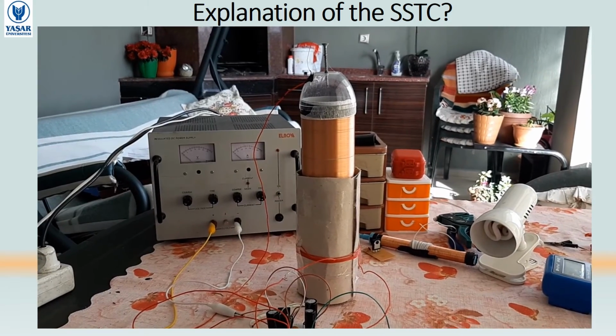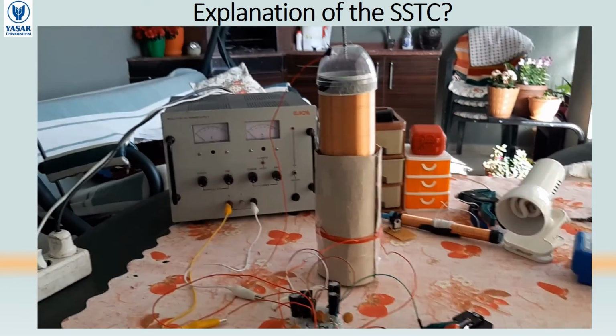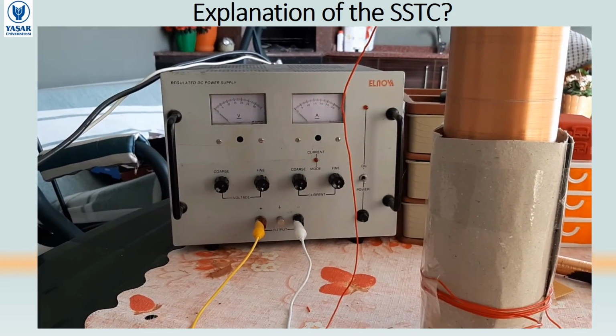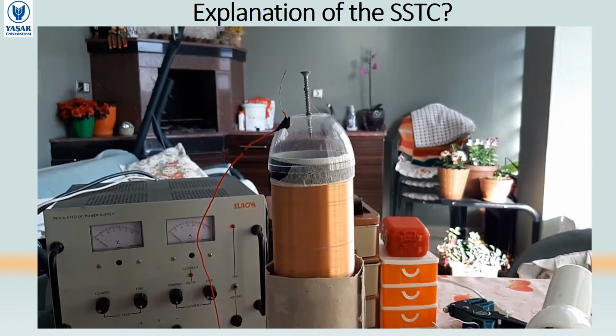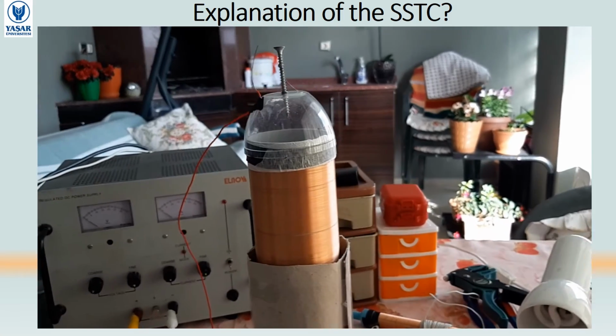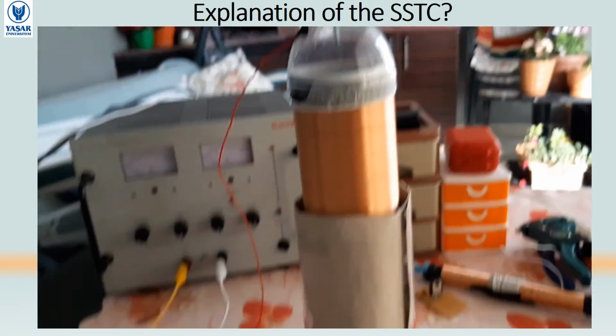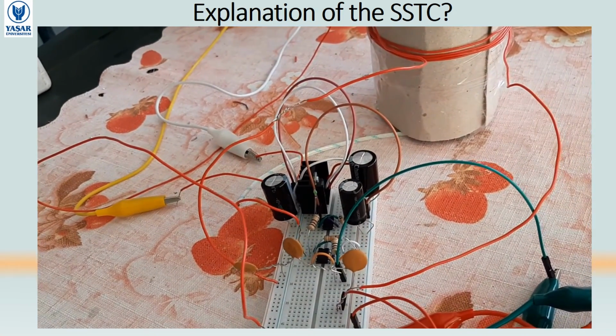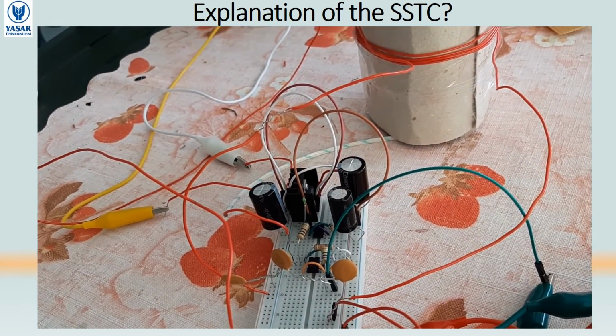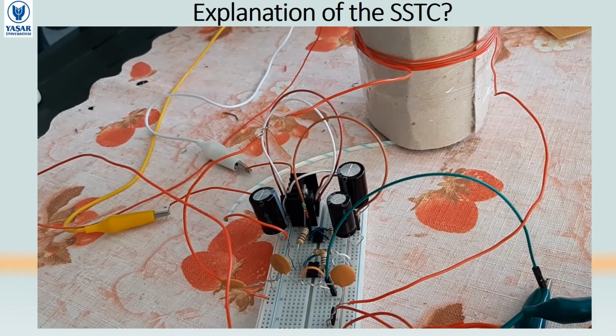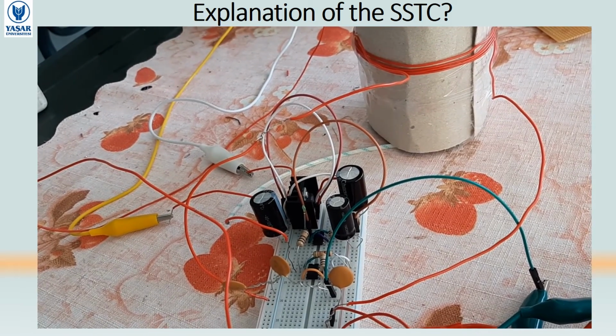Today I am going to explain our coil and its circuit. Here we have a 30 volt 3 ampere DC power supply, and this is our coil. In the discharge terminals we use a nail and a cable with ground. On the breadboard, at the beginning, we have a voltage regulator with a cooler, and this voltage regulator converts 30 volts to 15 volts.